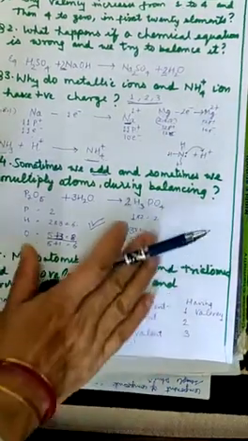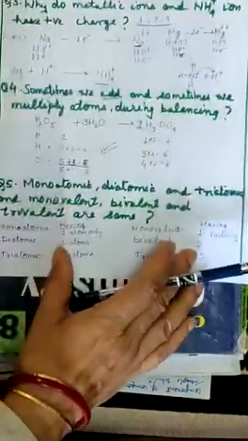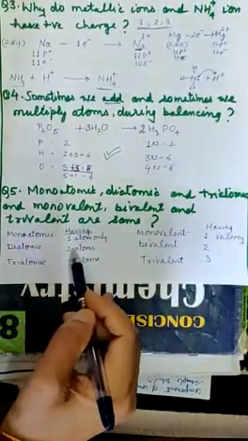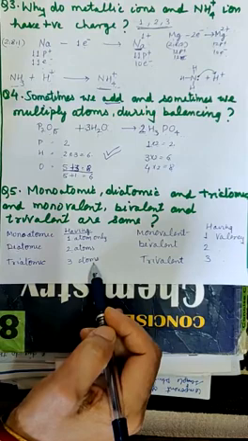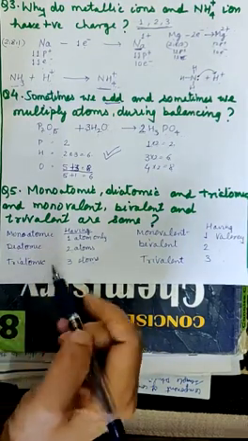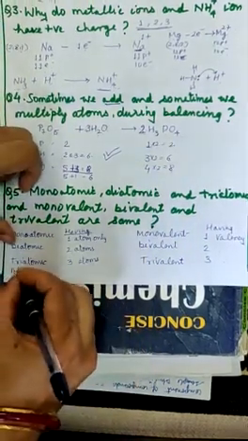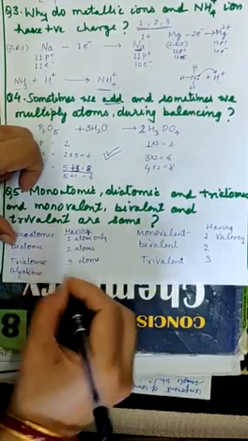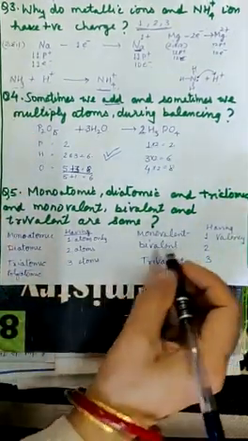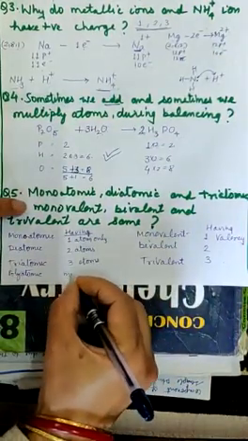Diatomic means having 2 atoms, and triatomic means 3 atoms. If we write polyatomic, then it will be more than 3 atoms.